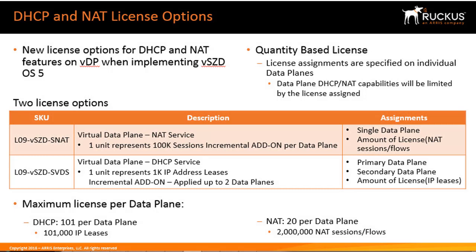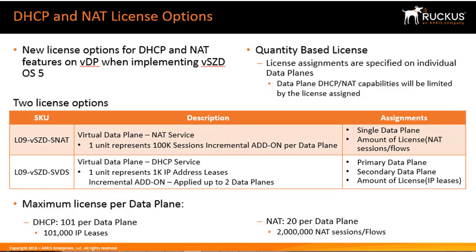You can see there's two license options. We have one for the virtual data plane, which is the NAT service, and one unit of license represents 100K sessions, incremental add-ons per your data plane. So the assignments are to a single data plane, and the amount of licenses for the NAT and sessions flows can be assigned to that data plane.